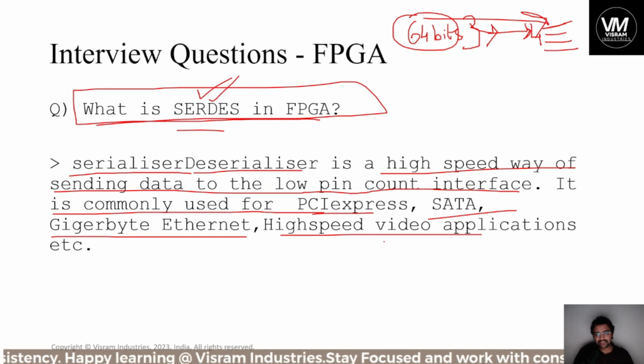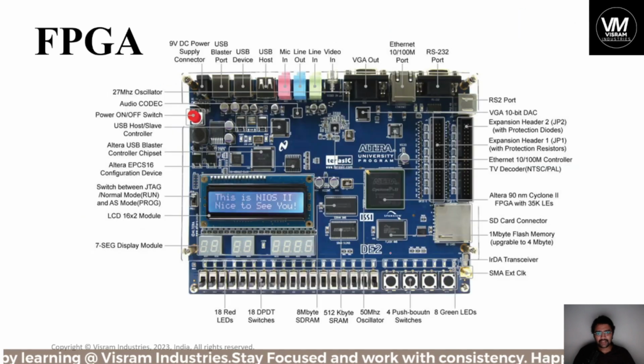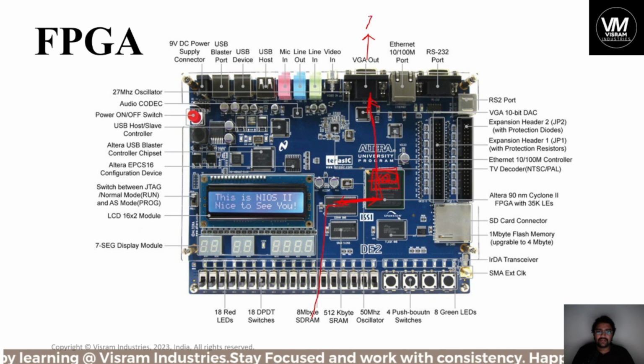For high speed video, your FPGA has a VGA port, right? Whatever data you have in this memory block, a huge amount of data in DRAM, is internally connected, and these connected FPGAs will be connected to the VGA port. Whatever memory you have in video format is sent through the FPGA to the VGA port, and you can attach a display.